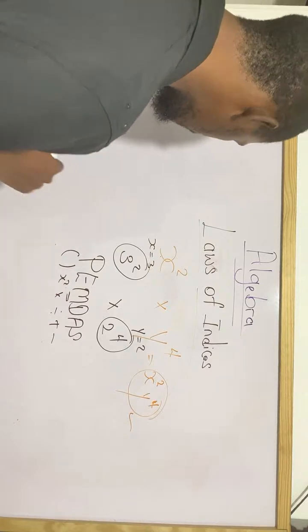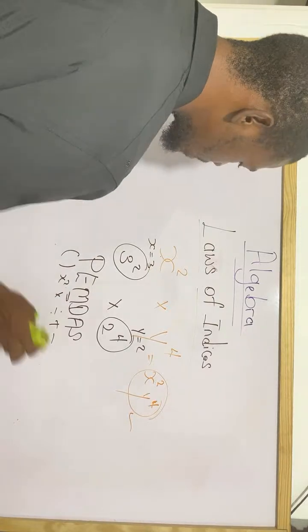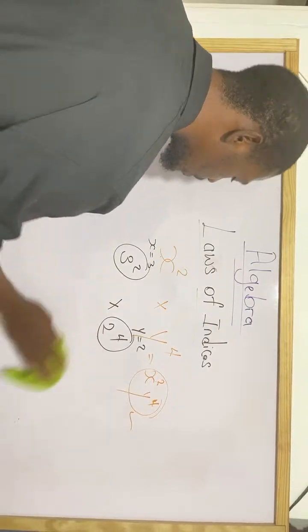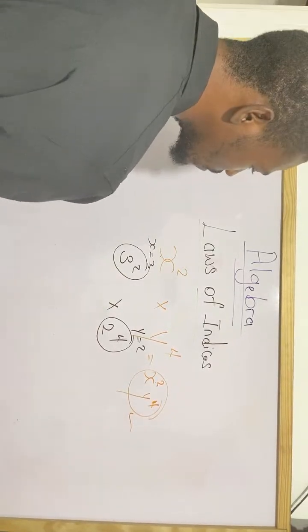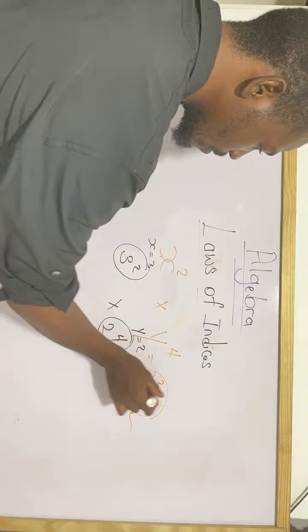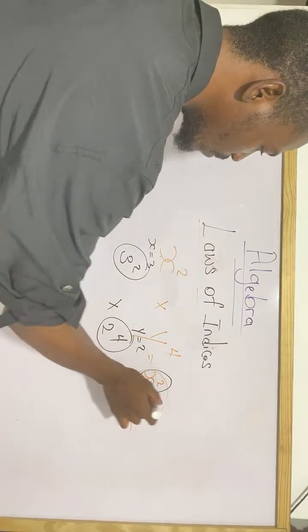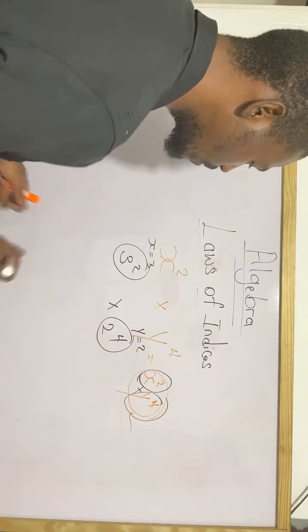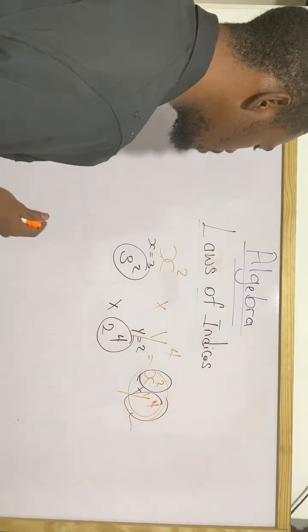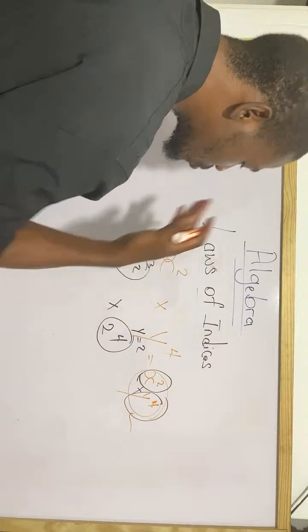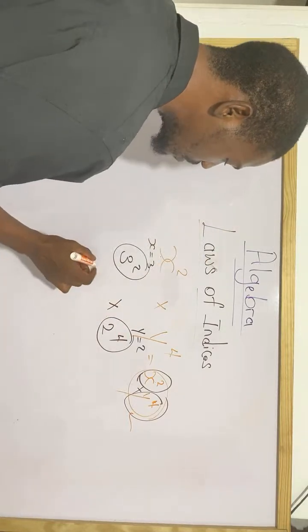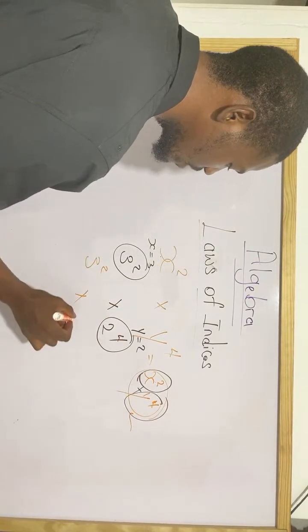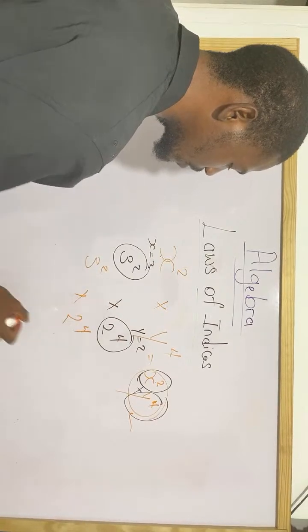So what am I saying? I'm simply saying that in working out these two, we would have to evaluate x squared first, and then y to the power of 4, before we can do any form of multiplication. If we were even to try it, just think about it for a moment.